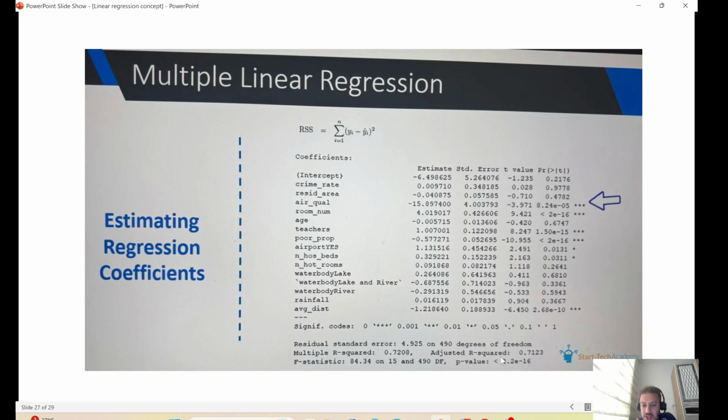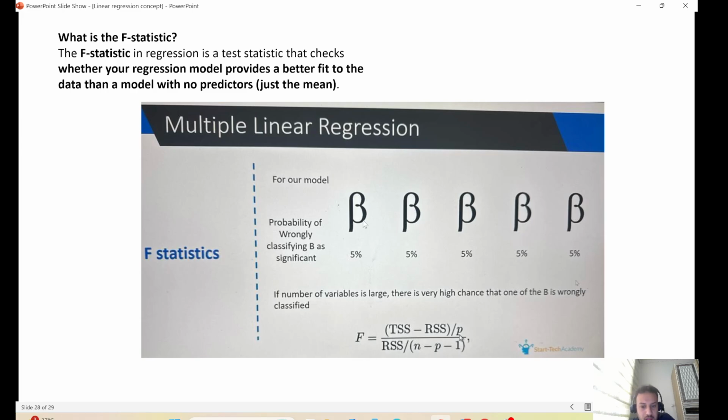And this is the adjusted R square. How do you calculate the R square? We have F statistics left. In regression, the F statistic is the test statistic that checks whether your regression model provides a better fit to the data than a model with no predictors.